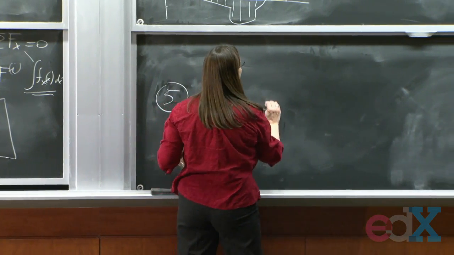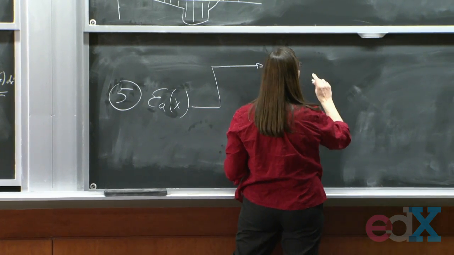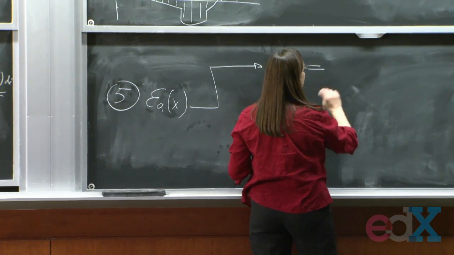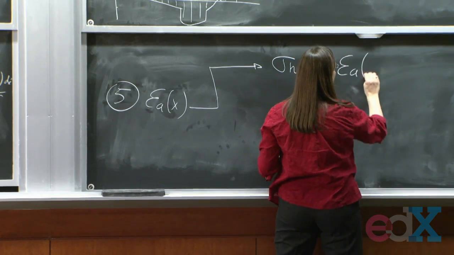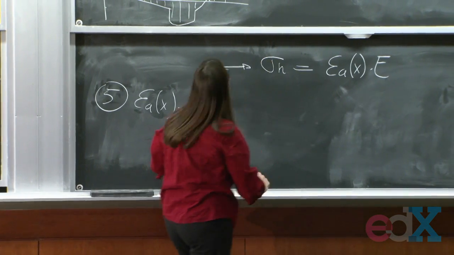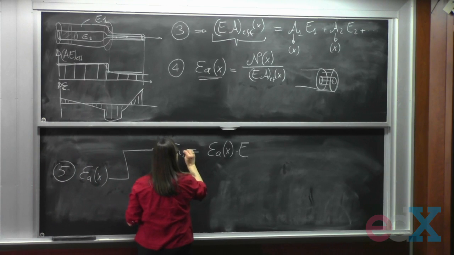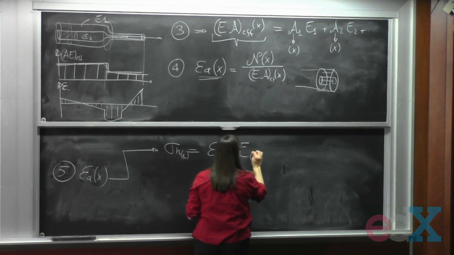So with epsilon A of x, I can calculate the normal stress. Remember that the normal stress is going to be equal to epsilon A of x times the moduli. If you have different moduli, then the stress is going to change depending on where you are.